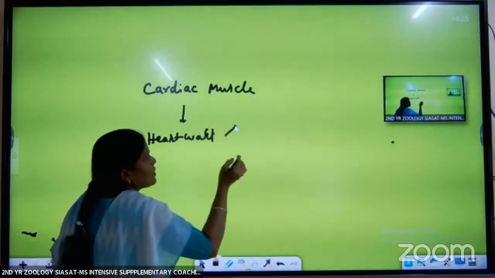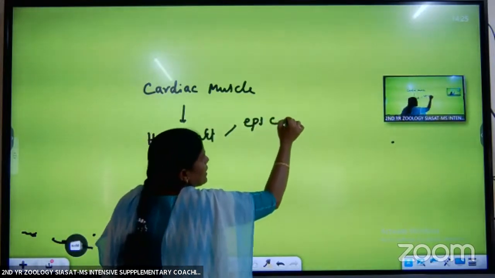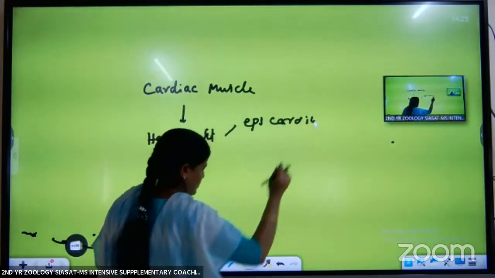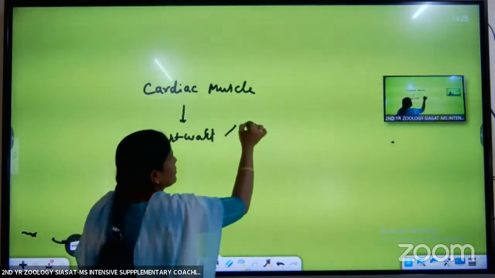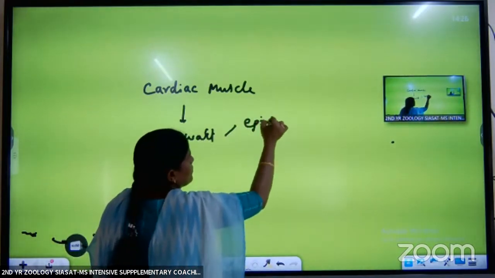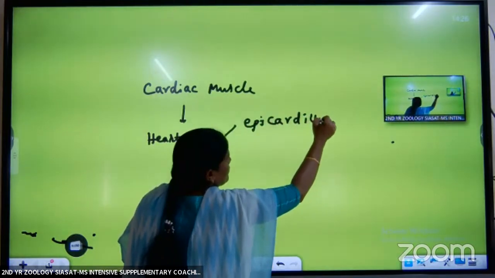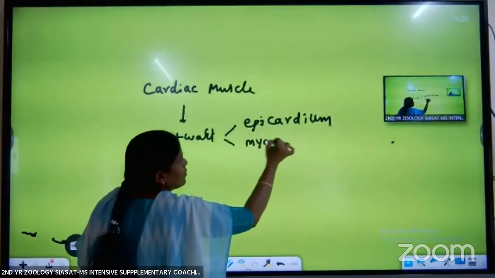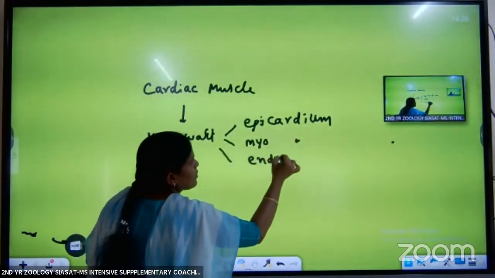The outer layer is called the epicardium. The middle is called the myocardium. The inner is called the endocardium.